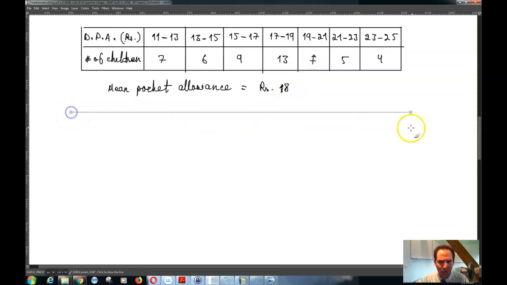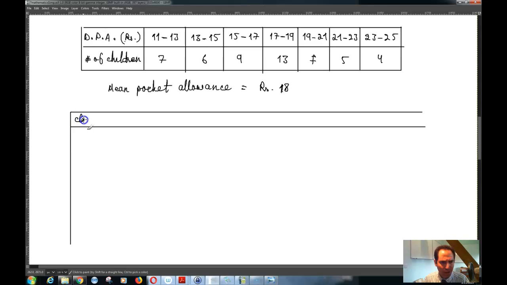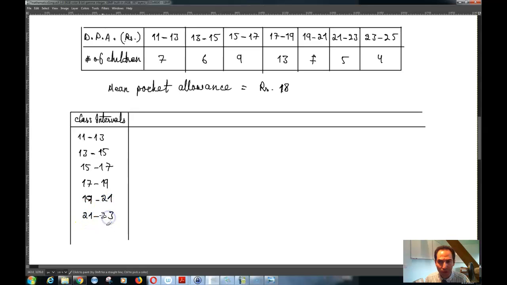So if I write my class intervals in this way, so let's say that these are my class intervals: 11 to 13, 13 to 15, 15 to 17, 17 to 19, 19 to 21, 21 to 23, and 23 to 25.